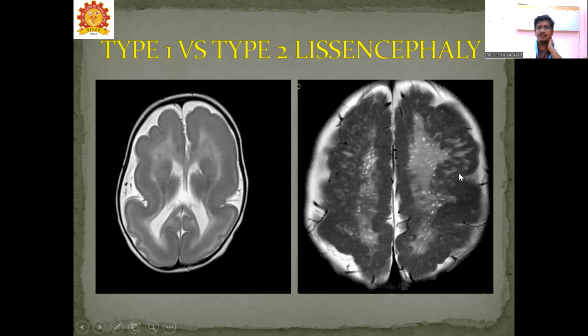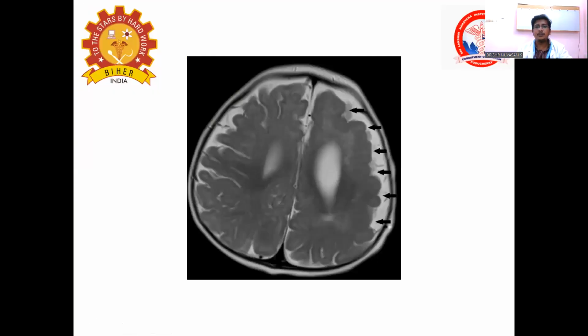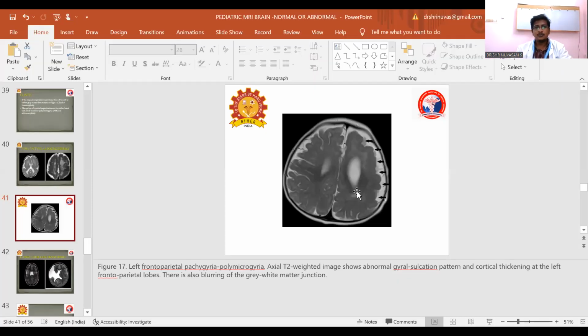And type 2 Lissencephaly is present whenever there is a nodular type, and you can see the subcortical heterotopic gray matter present. And what about the abnormalities of cortical gray matter? Whenever there is left frontoparietal pachygyria, polymicrogyria, you can identify these flat and curved structures.